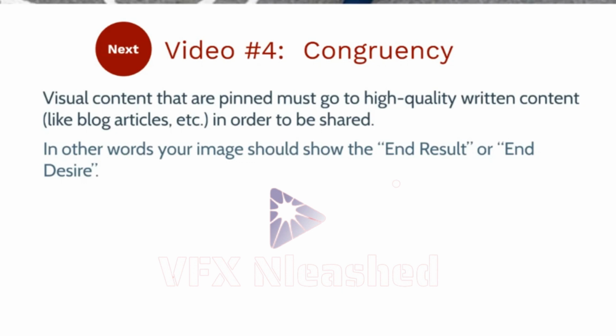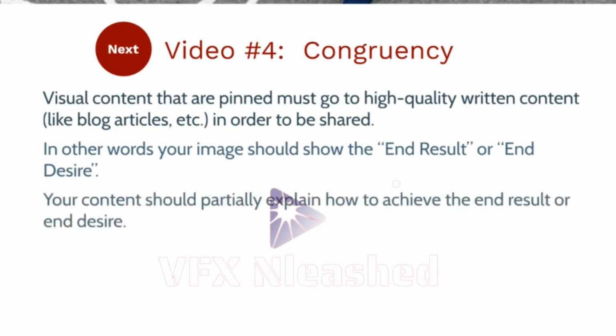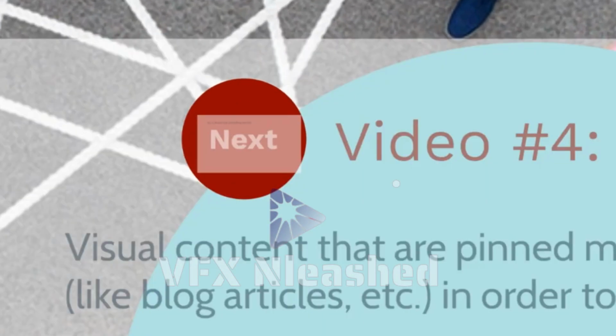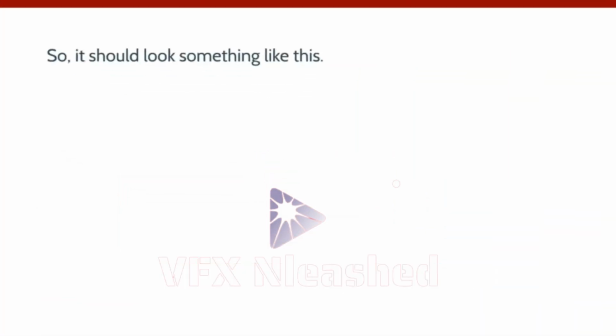And we'll talk more about that in just a minute. Your content should partially explain how to achieve the end result or end desire. So whatever you are selling will complete this solution. So let me explain. It should look something like this.